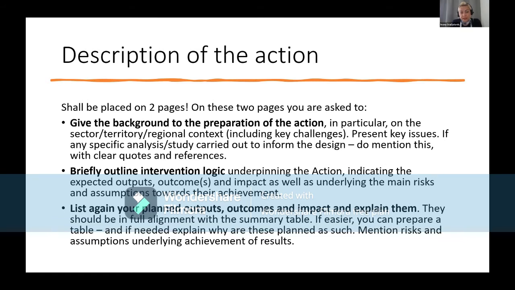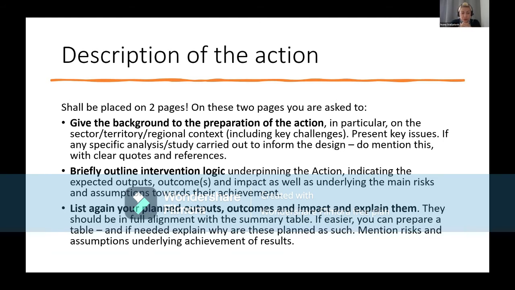You should briefly outline the intervention logic, indicating the expected outcomes, outputs, and impact, as well as underline the main risks and assumptions toward the achievement of your outcomes and outputs. So you should briefly explain the intervention logic envisaged later on in the logical framework matrix.